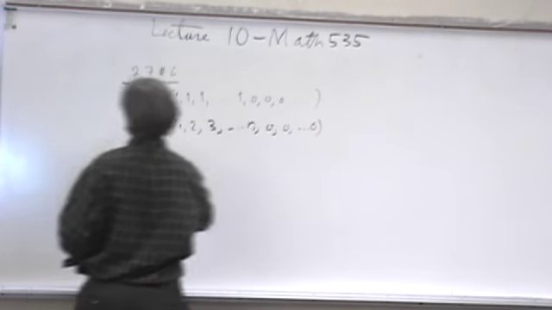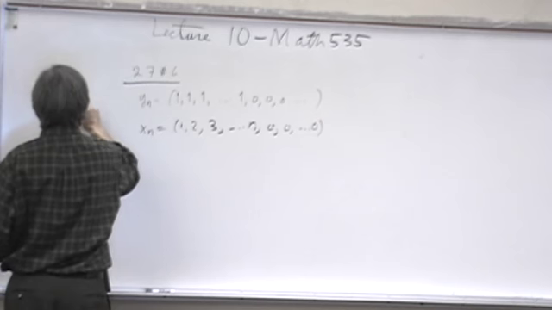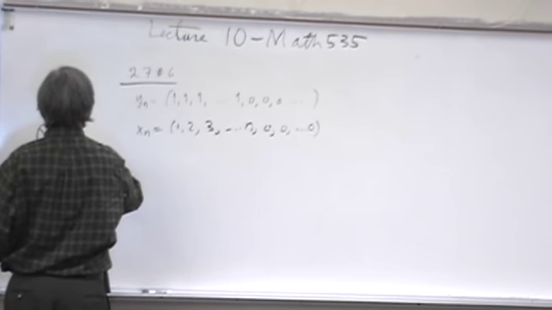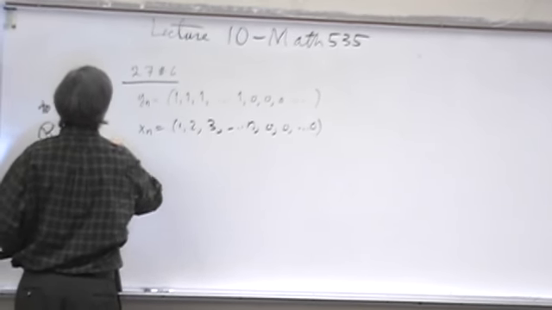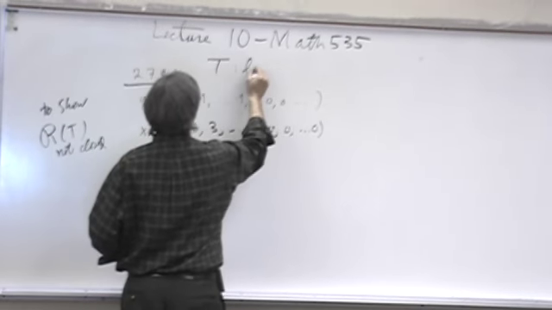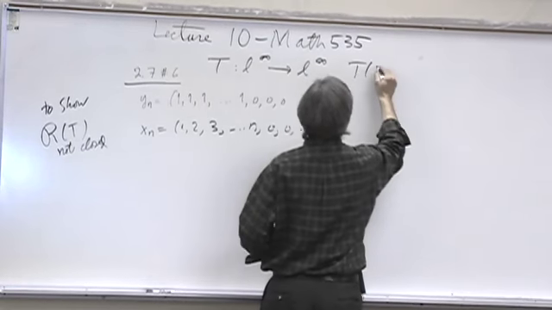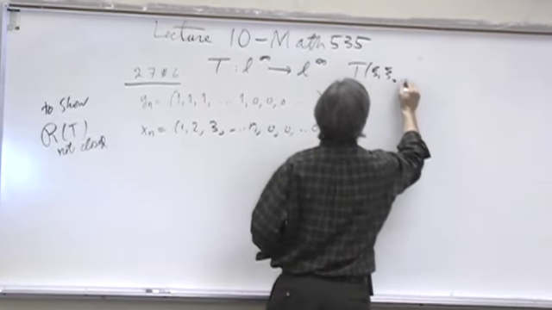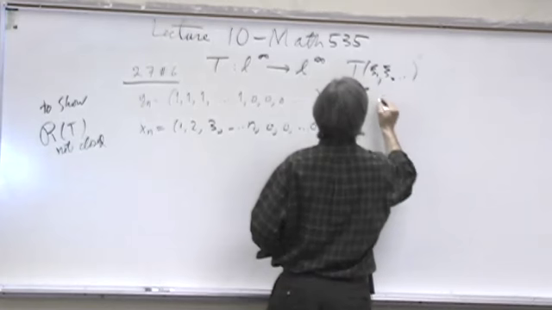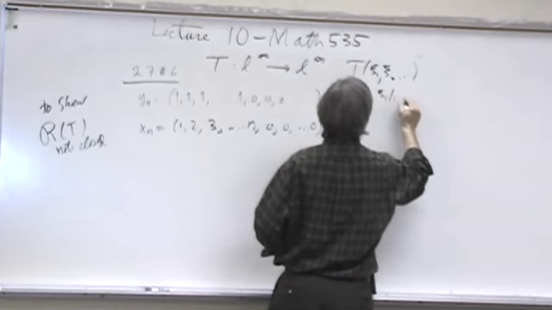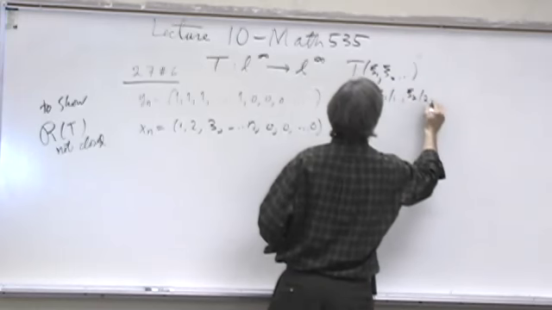This is to show the range of T is not closed, where T from L infinity to L infinity was given by T of C1, C2, and so on, equal to C1 over 1, C2 over 2, etc.